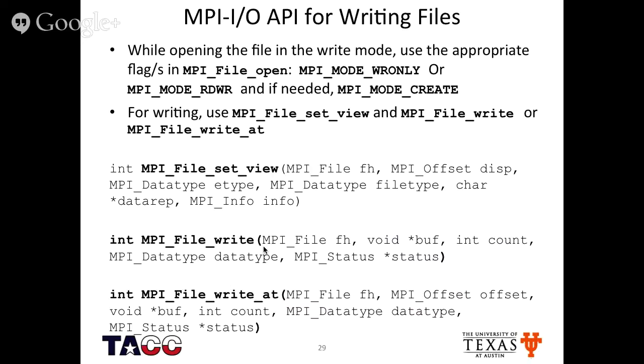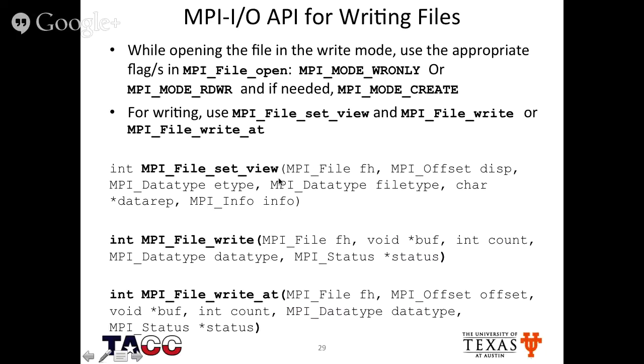And for writing purposes, you can use MPI file set view, just like we had to seek to a location while reading. Here, for writing, we have MPI file set view, and then MPI file write, these two APIs. Or I could use MPI file write at. The choice is yours.